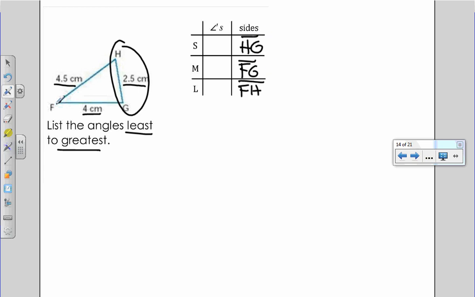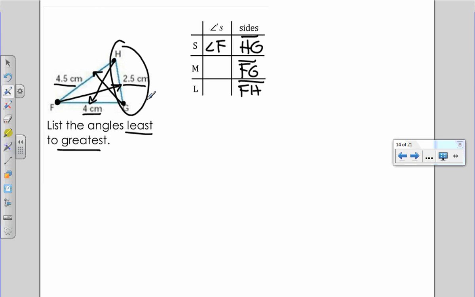Now, it still helps to start at your vertex of the angle and draw your way across so that we don't get confused about what is across from what. So what is across from HG? Well, that would be angle F. What is across from FG?